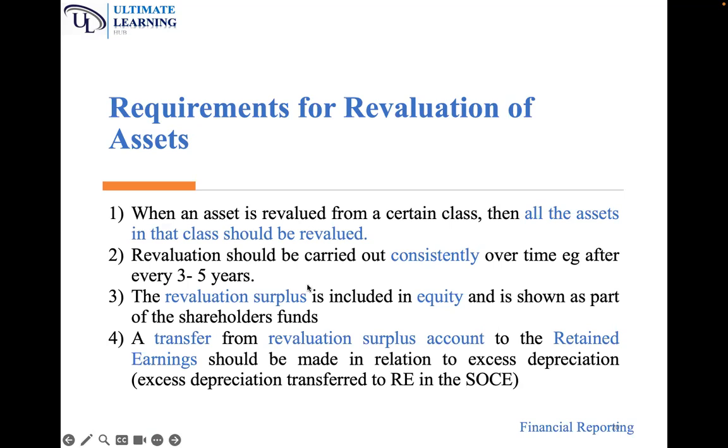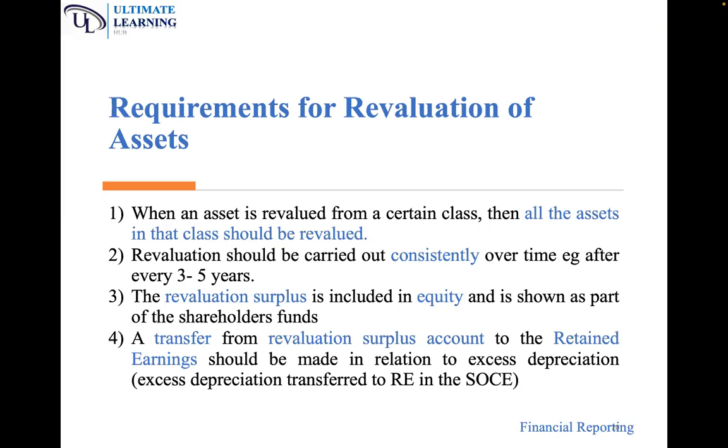The second point talks of consistency. You must be consistent in your period of revaluation. What do we mean by that? If you decide that the policy of your company is that revaluation is done after every 3 years, ensure after every 3 years you do revaluation.